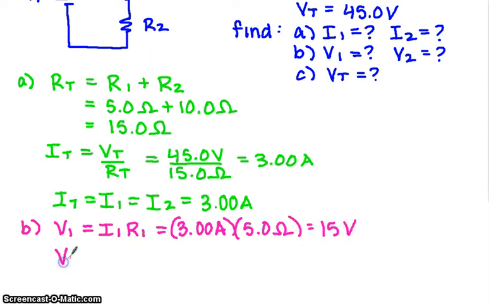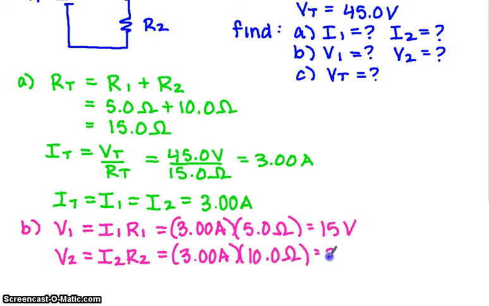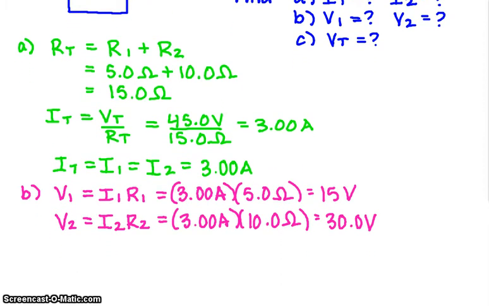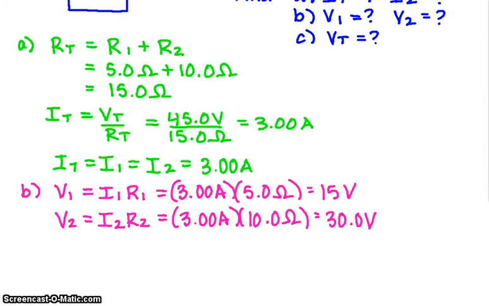And if you're trying to find V2, you use I2 times R2, which is, again, the 3 amps. Now this is a 10 ohm resistor. Always keep your subscripts consistent. If you're looking for a third value, for example, if it was a V3, you would use I3 and R3.